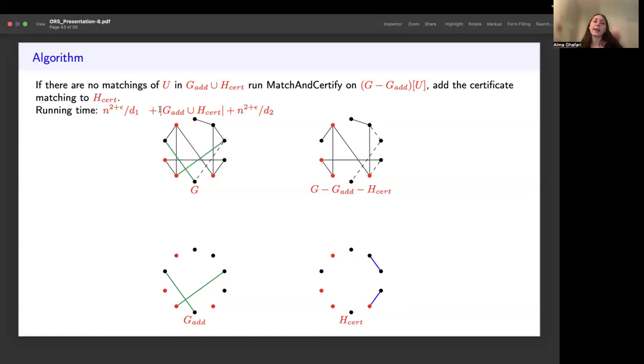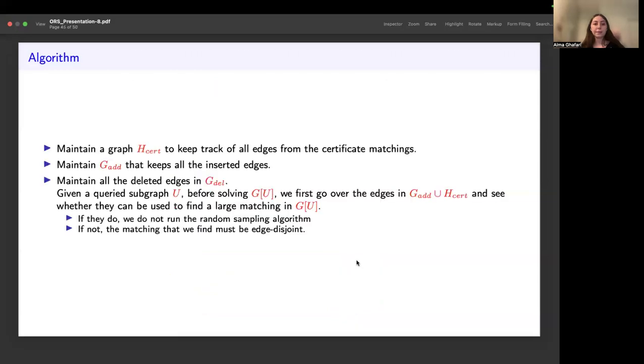So it takes the number of edges in G add and the certificate to do this. If we are not able to, again we pay a cost of n squared over d2 this time to find a matching in the new subset. And we just continue to do this. This is how our algorithm looks.